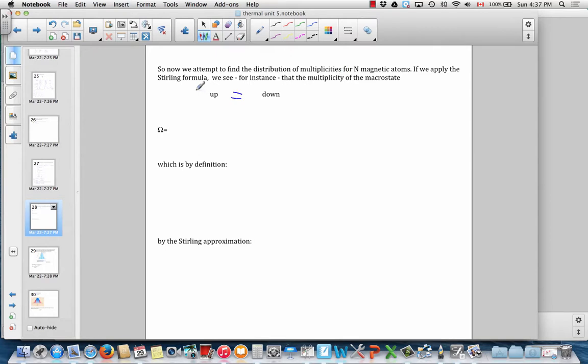If we've got n atoms, that means there's going to be n over 2 up and n over 2 down. What would that look like? Well, we know that's going to be n atoms choose n over 2 up, so that's n factorial over n minus n over 2 factorial times n over 2 factorial, which is this expression here.